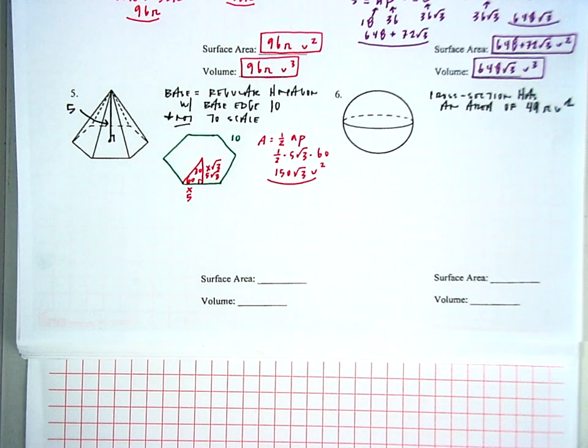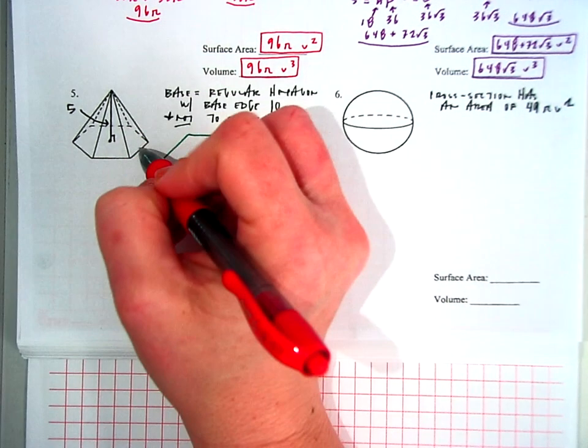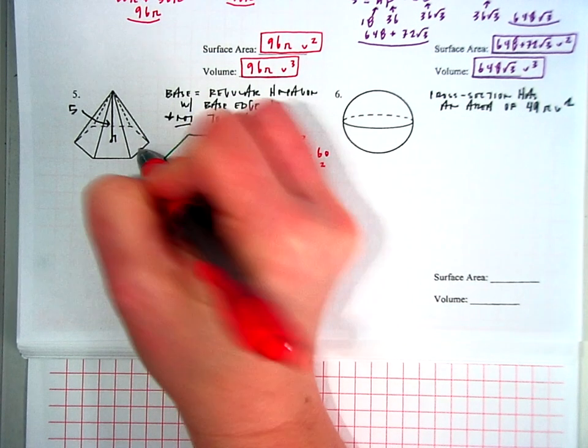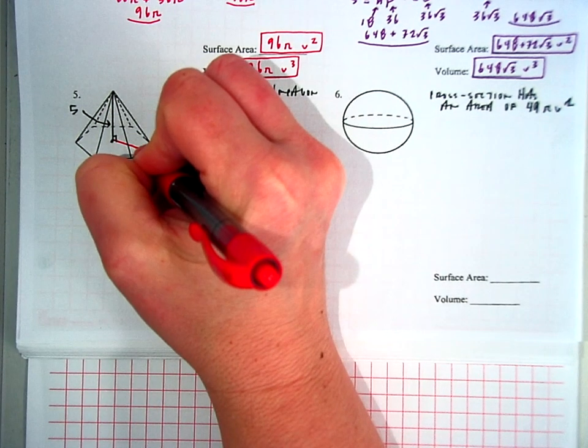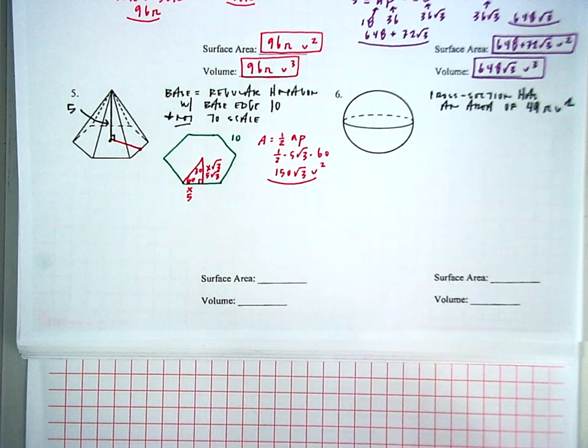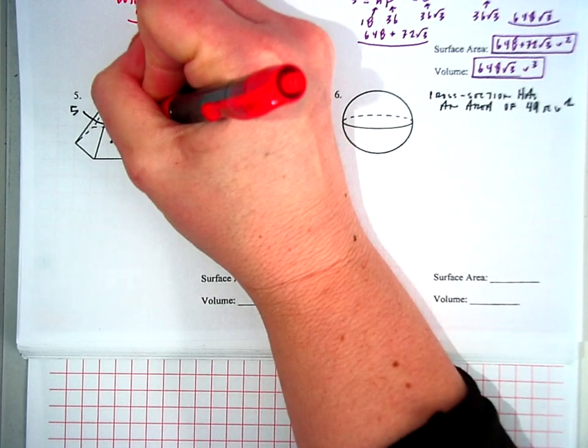Okay, the other thing that I know before I push forward is that I have this right triangle relationship. So here I know that, if I look at the middle of this side like that, and I draw in here, that would be an apothem, and then here would be my slant height.